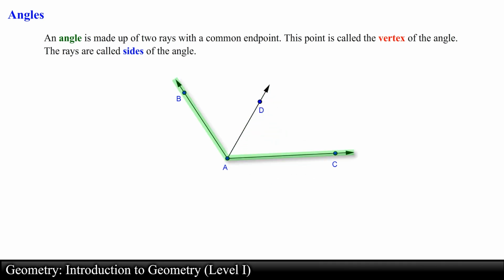And the third angle is denoted as angle BAC or angle CAB. Notice that if we try to denote any of the angles by using only one letter, such as angle A, we will be totally confused what angle we are referring to, because all the angles share the same vertex. So in this case, it is really convenient to use 3 letters to name the angles.